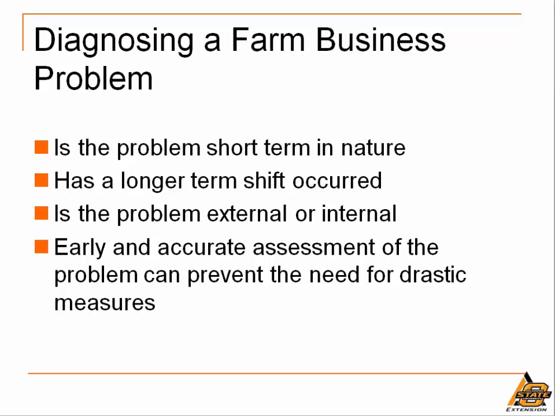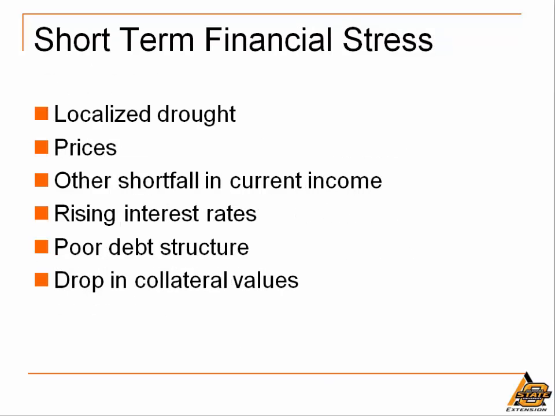Just to reiterate, it's critical that the exact source of the problem be identified so that the manager can get ahead of it. Short-term financial stress is usually the result of forces largely beyond the control of the manager, or what we call external forces. Things like drought and periods of exceptionally low prices are usually considered to be short-term in nature.